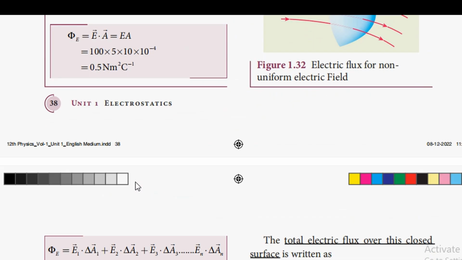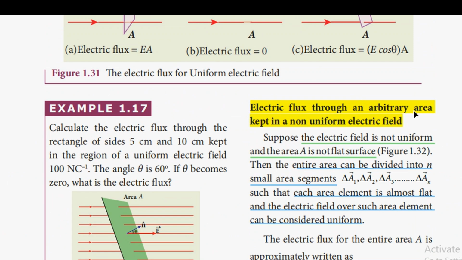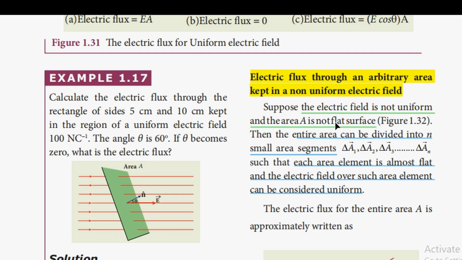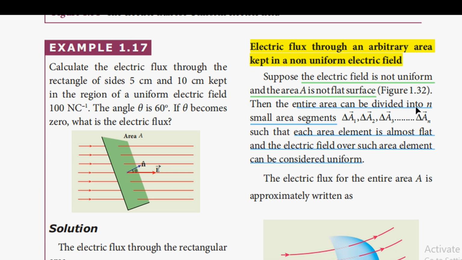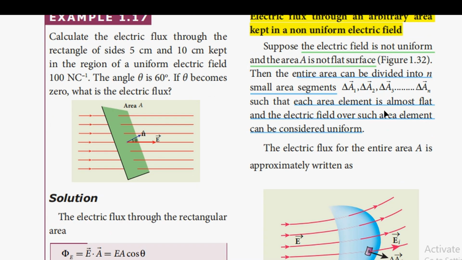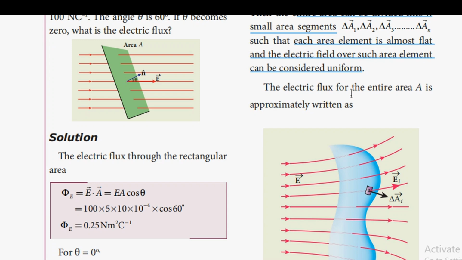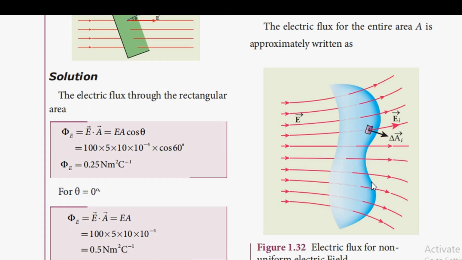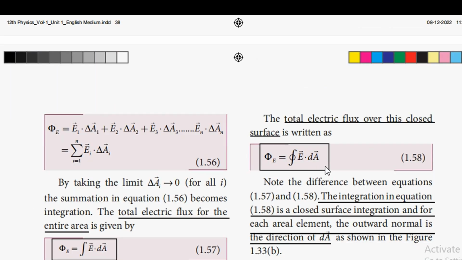Next, we are going to study about this electric flux through an arbitrary area kept in a non-uniform electric field. Suppose the electric field is not uniform and the area A is not a flat surface. Then the entire area can be divided into n small area segments, delta A1, delta A2, delta A3, and so on, such that each area element is almost flat and the electric field over such area element can be considered uniform. The electric flux for the entire area A is approximately written as phi equal to E1 dot delta A1 plus E2 dot delta A2, and so on.